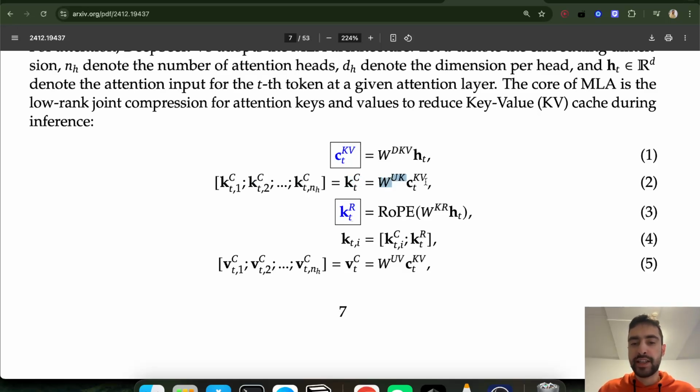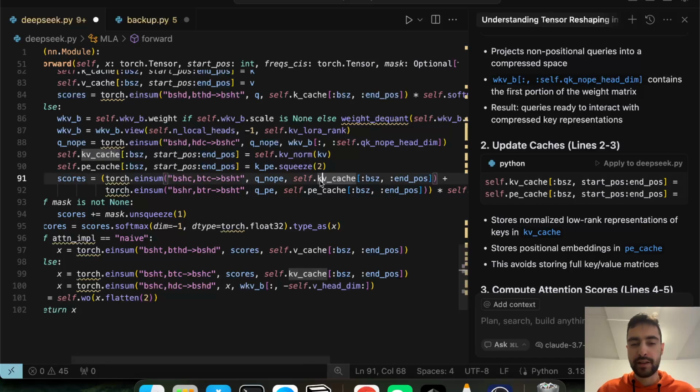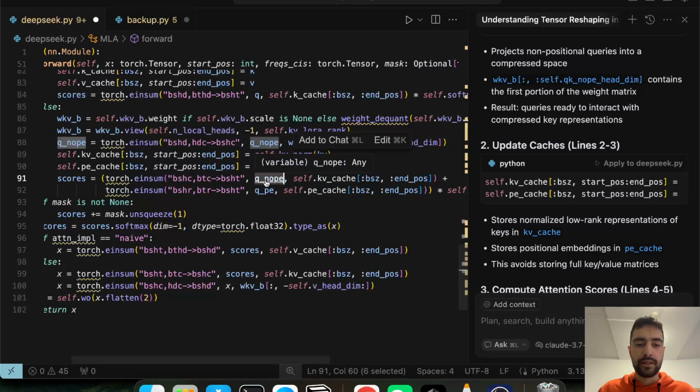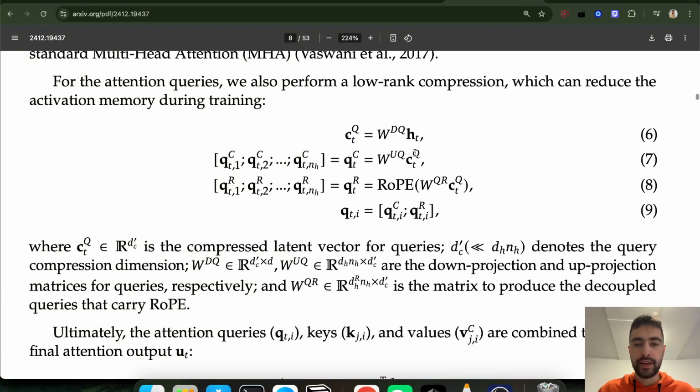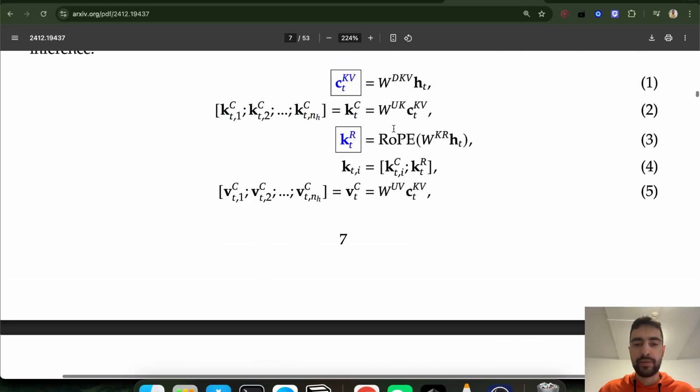So now we just need this latent vector. So we don't need to calculate keys. We can skip that. So that's the formula here. And also there is this conversion matrix in that as well. And then KV cache, it's just this.